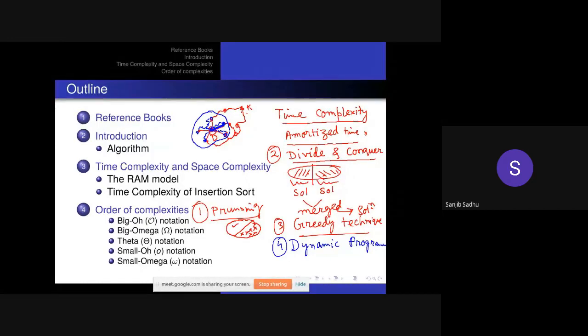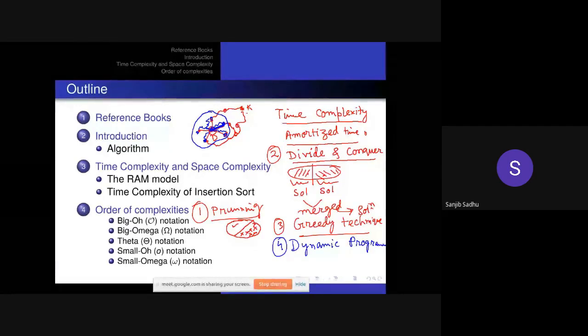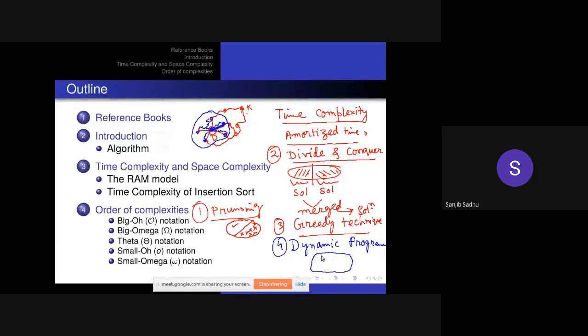you need to solve parts of it. This is the large problem, and to solve this entire problem you need to solve a set of smaller sub problems.